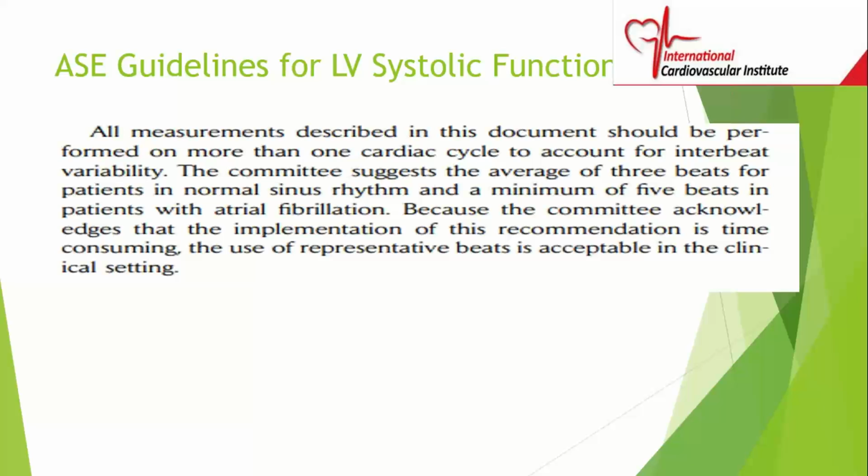If it's a normal study, it doesn't make sense to do an excessive amount of beats. 3 beats is sufficient to evaluate the structure. However, if you think there's an abnormality and you want to spend a little more time, take whatever time you need so that you can get the answer you're looking for. Again, this is testable.